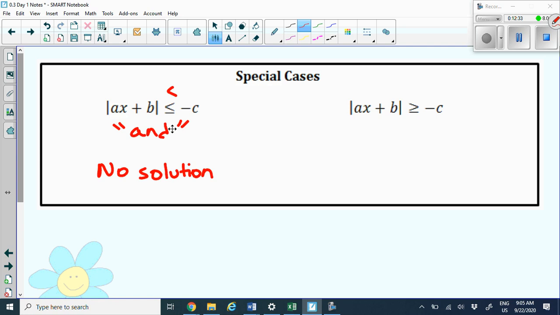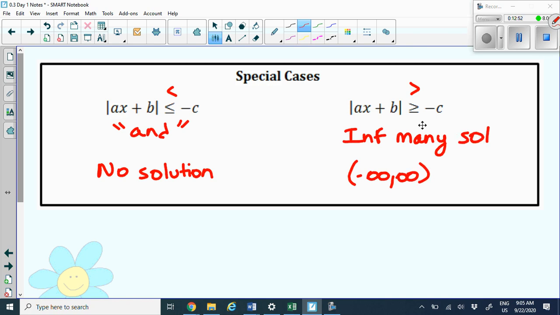With the other one, we have absolute value of ax plus b is greater than or equal to -c. With these type of problems, there are going to be infinitely many solutions. So how we're going to write that in interval notation is -infinity to +infinity. So make sure you do write it in interval notation. That's the most important thing.